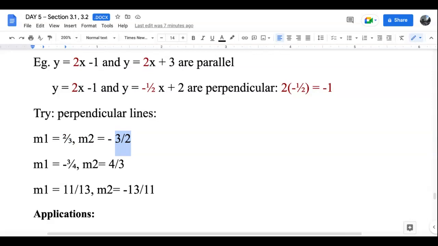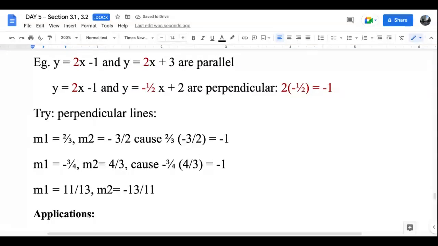It's the reciprocal: we switch the numerator and denominator. 2/3 times negative 3/2 equals negative 1. If one has a slope of negative 3/4, the other has to be positive 4/3, because negative 3/4 times 4/3 equals negative 1.